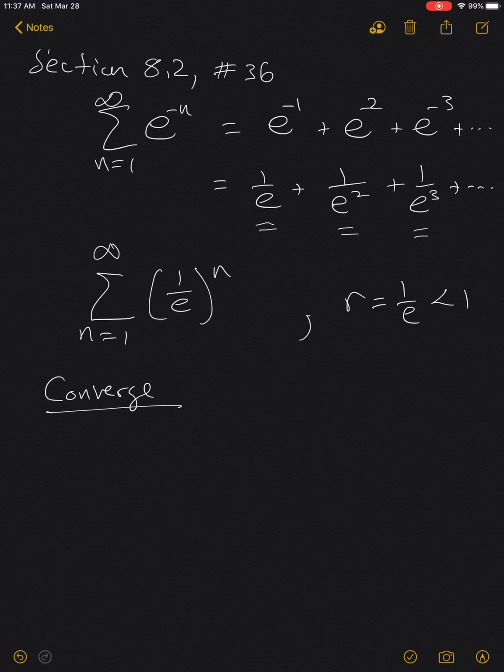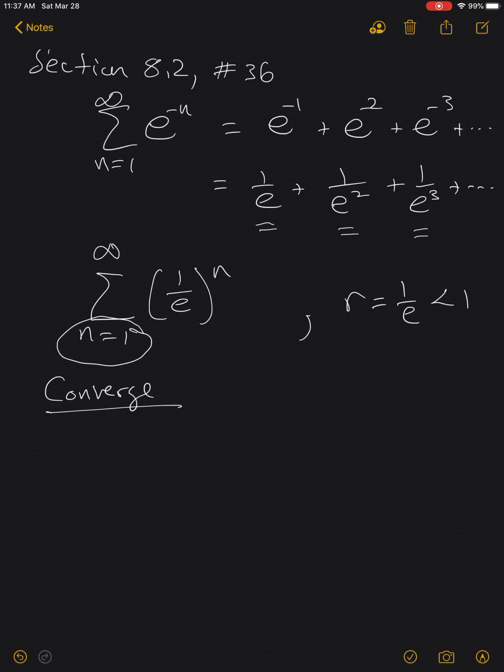To find the value that it converges to, we have a formula for the value of a convergent geometric series. This is our 1 over 1 minus r formula. We just have to be a little bit careful here, because those formulas are based on geometric series that start with n equals 0.